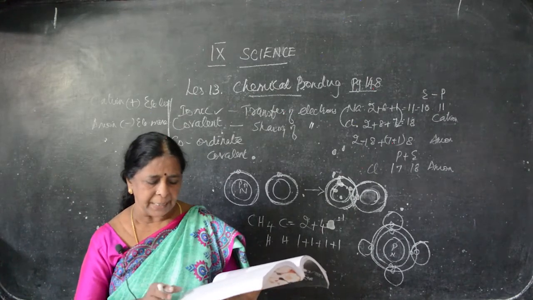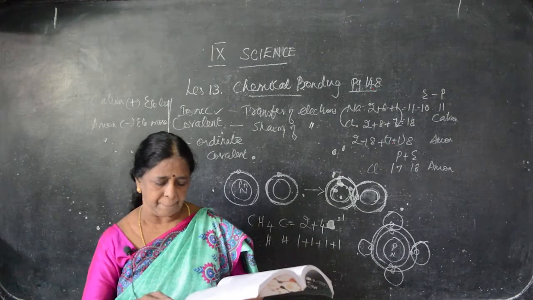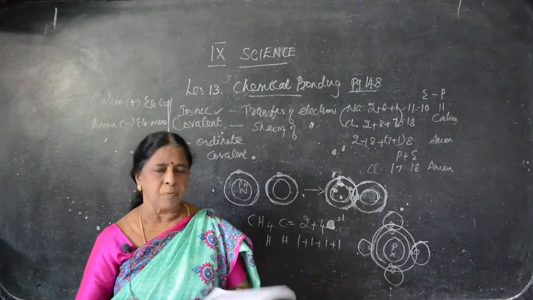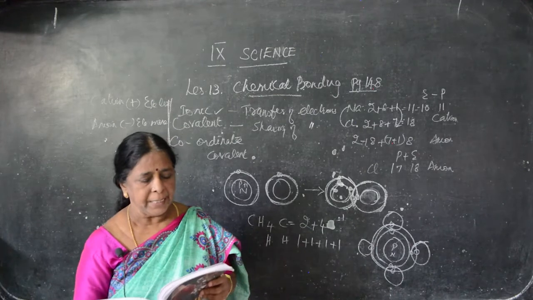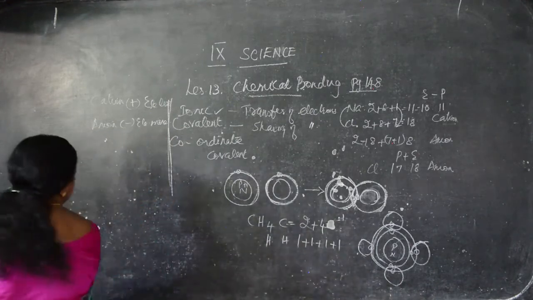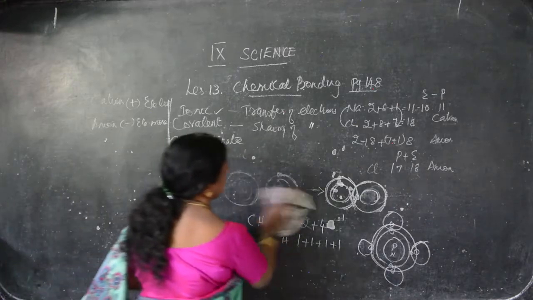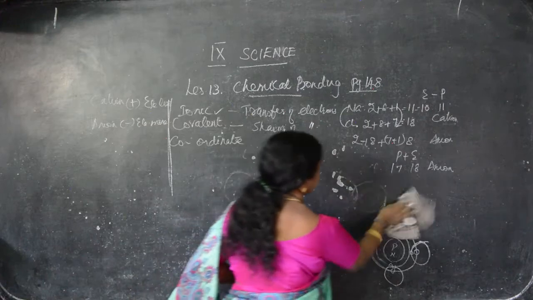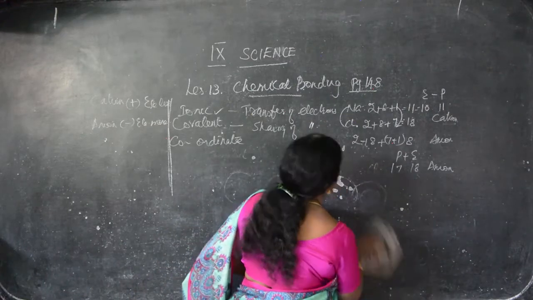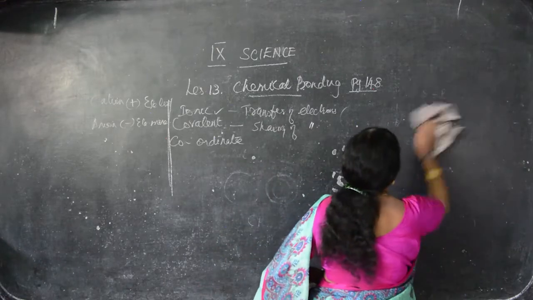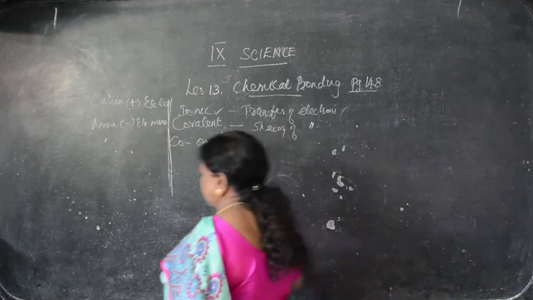Ammonia plus NH3, NH4 plus NH3. We can present it in the dot form also. NH4 and NH3, that is a coordinate covalent bond we have to say. The same are compounds of nitrogen only. One is ammonia, where hydrogen is more, the other where hydrogen is less.